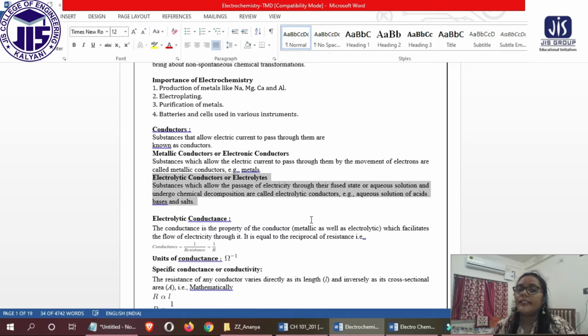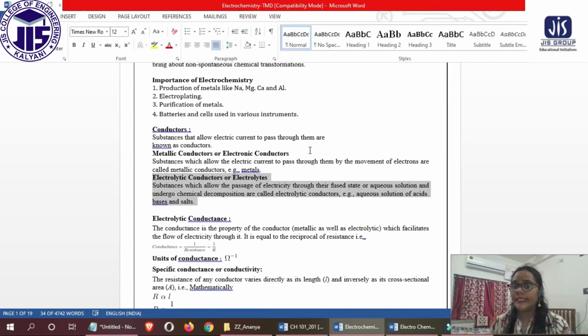For example, aqueous solutions of acids and aqueous solution of sodium chloride are electrolytes or electrolytic solutions. Generally, these electrolytes, while dissolving in water, produce ions, which help to conduct the electricity.